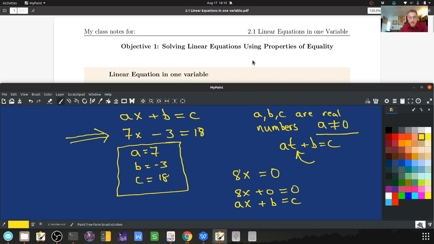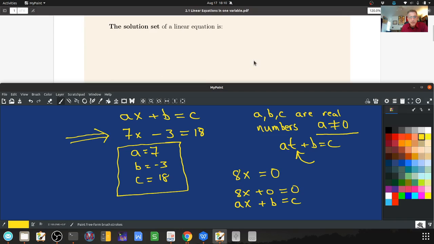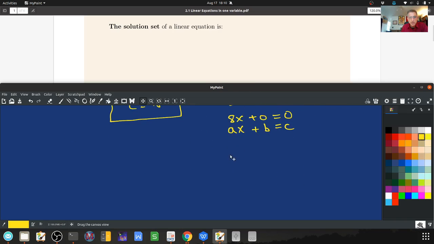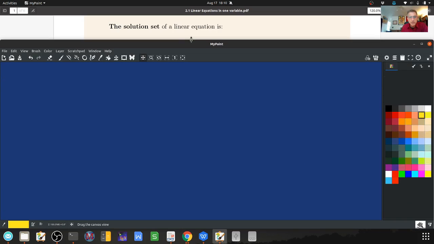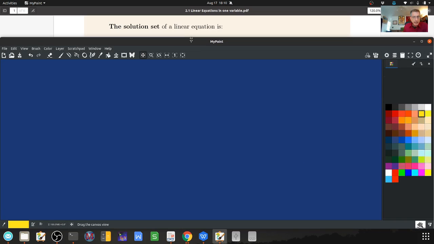So let's go on to the next concept. The solution set of a linear equation. Let's first define what a solution to a linear equation is. I'm just going to write LE for linear equation because I'm being lazy. That is a value of the variable.